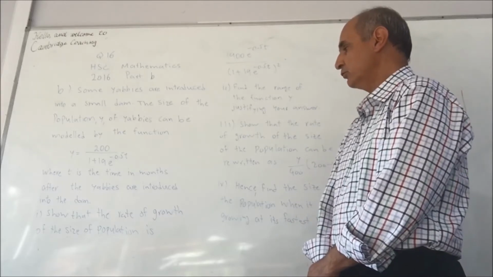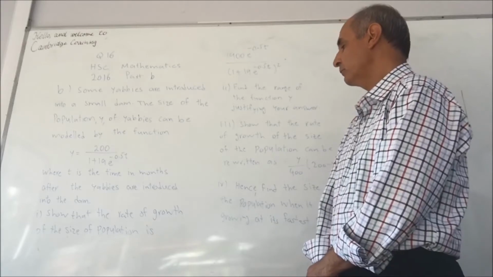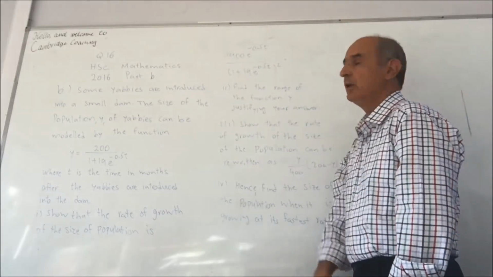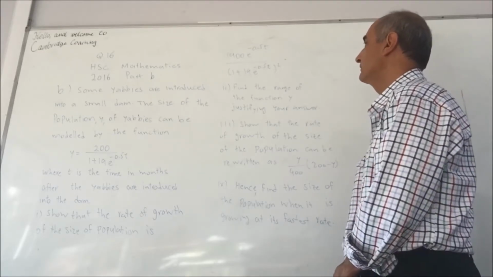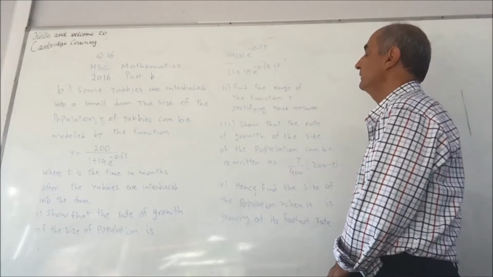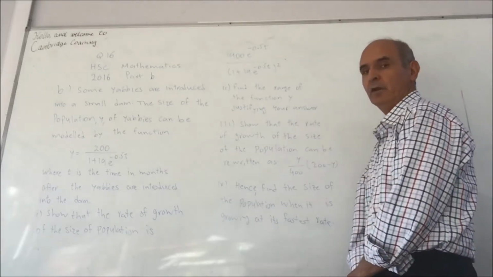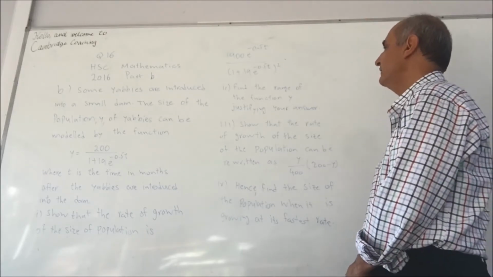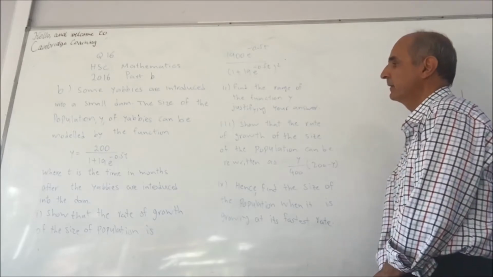Part 1 shows that the rate of growth of the size of the population is given by this expression, 1900 times e to the minus half t over bracket 1 plus 19 e to the minus half t whole square. Part 2, find the range of the function by justifying your answer.